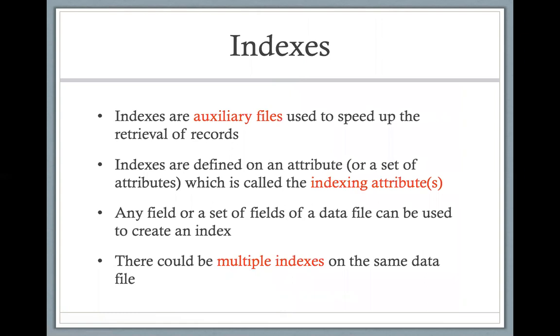In the previous example, it was the name attribute. Any field or set of fields can be used to create an index, whether it's an integer, a string, or a real number. There could be multiple indices per table on different attributes. This is allowed.